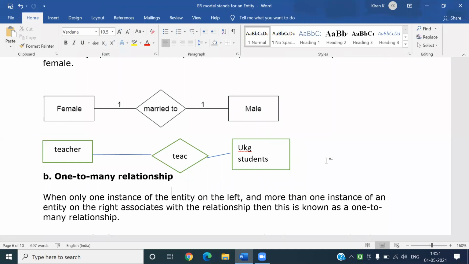Now, coming to the second one, one-to-many.